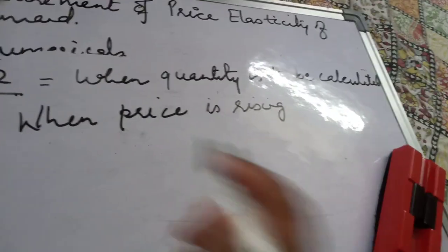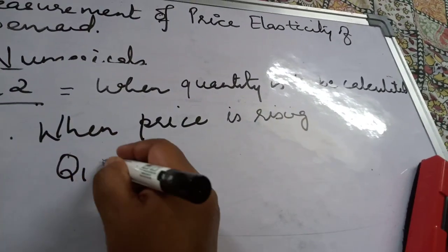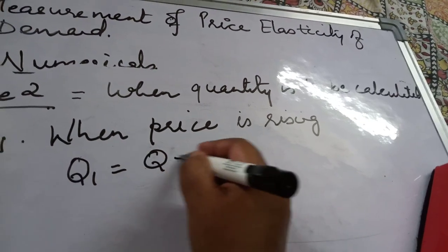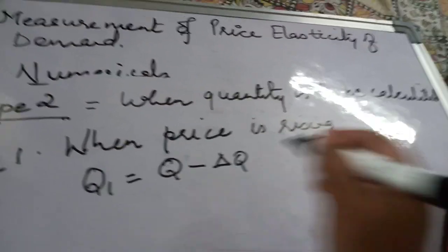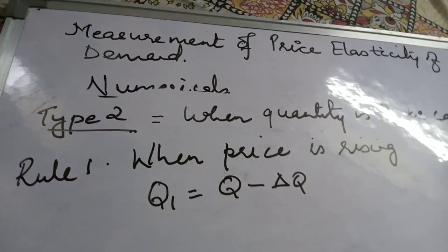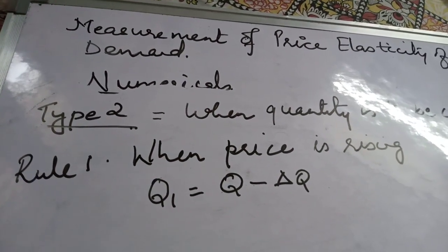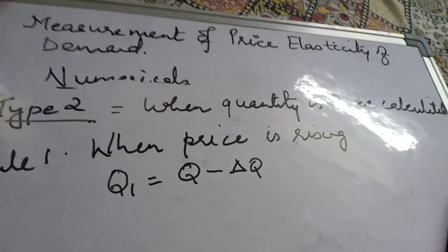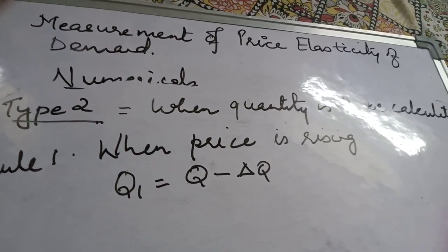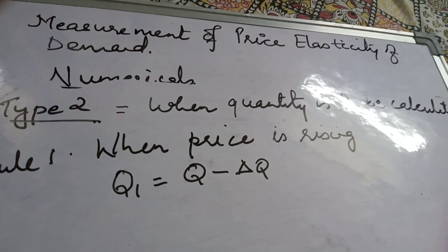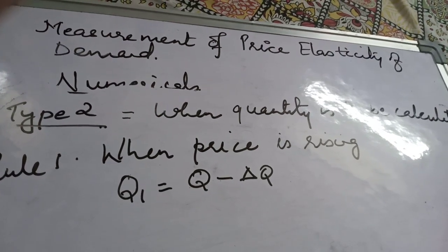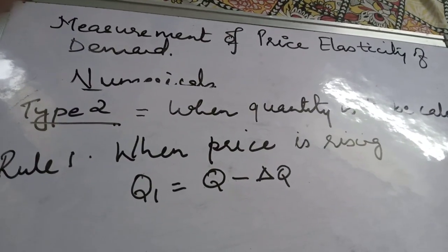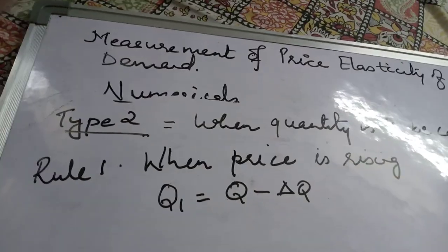The quantity demanded should fall. So then how will you calculate the new quantity? Q1 is equal to Q minus delta Q. You may not understand it right now, but just remember this: if new quantity has to be calculated and you see that the price is rising, then you'll put this formula: Q1 is equal to Q minus delta Q.